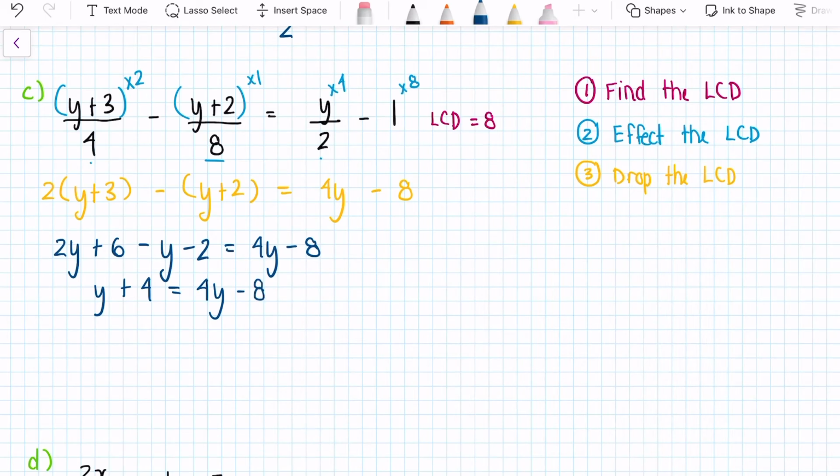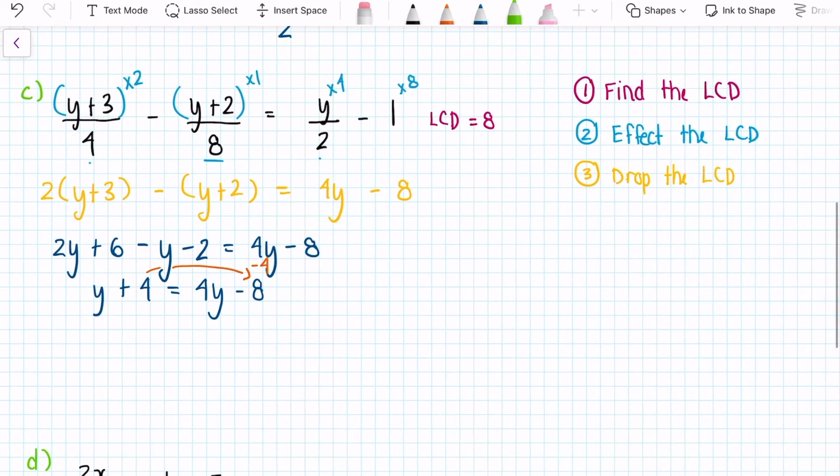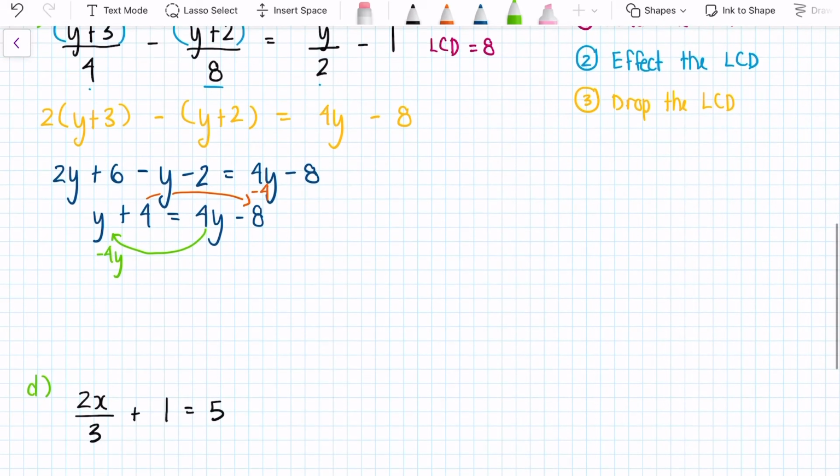And now I start dealing with the equation and simplifying the equation, okay? So this 4 is being added. I want it to go away, so I have to subtract it. And then this 4y here on the right-hand side is being added, and I want to get rid of it, so I have to subtract it.